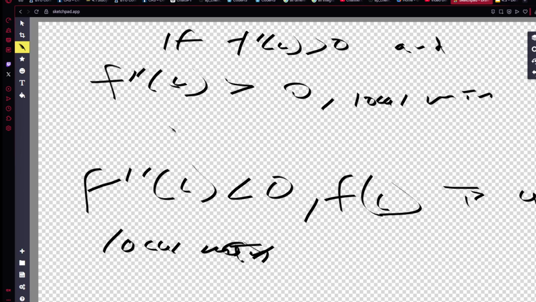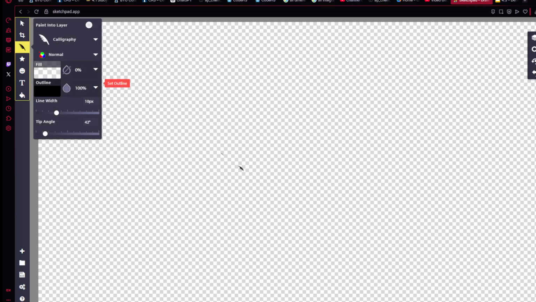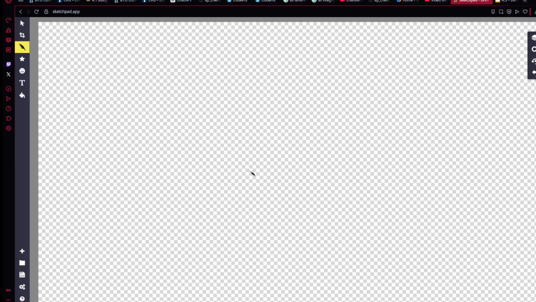Now, there is something I realized, and I guess this is an objection to what my textbook says, because this goes into real analysis a little bit, and the analysis of limits and delta epsilon proofs. But I had an idea, and I said, okay, well, we're looking at this instantaneously, and we're just taking 2 points, f prime of c equal to 0 and f double prime of c.